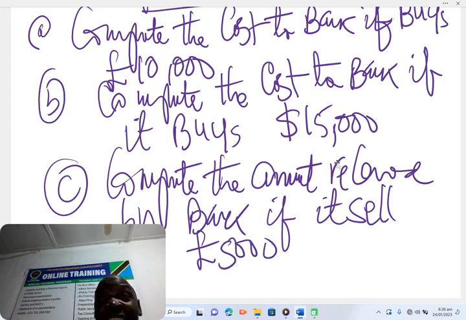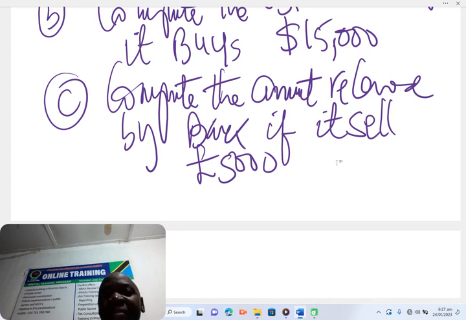In part C, a bank is selling pound. Do you see? In part A bank is buying pound. In part B, a bank is doing what? Is buying dollar.